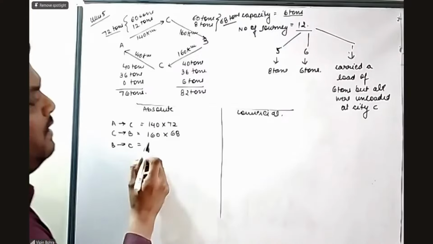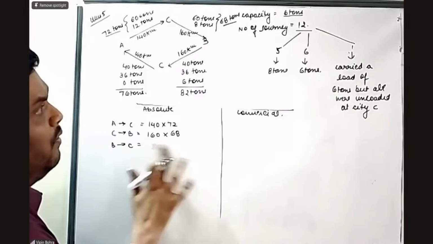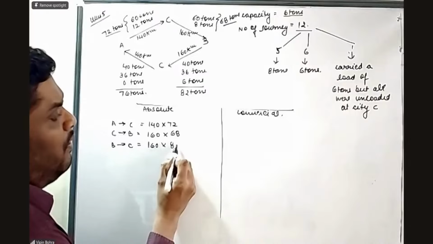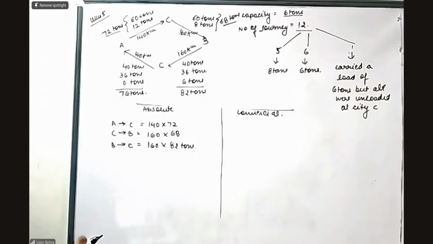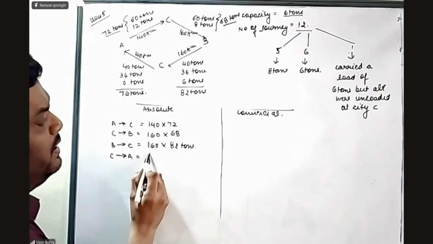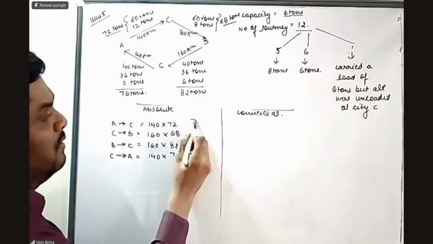From B to C, 160 kilometers. And from C to A, it is 140 kilometers, 76 tons.